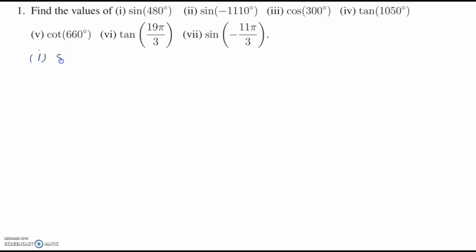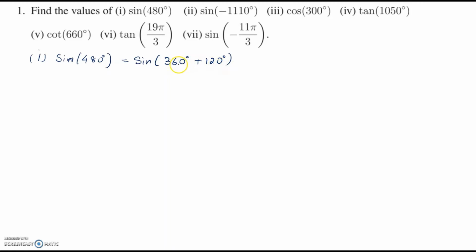So we have sine 480 degrees. Now we can rewrite 480 as 360 degrees plus 120 degrees.